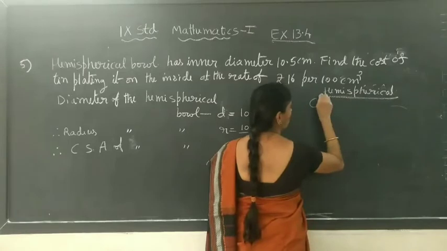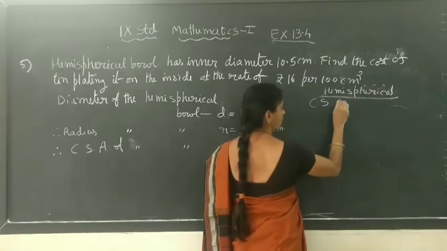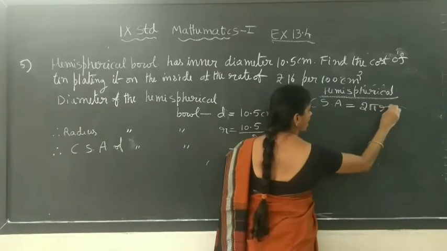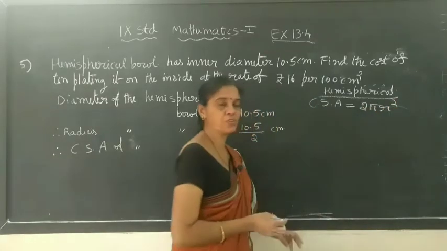For hemispherical, the curved surface area is given as 2 pi r square, right? 2 pi r square is the formula.